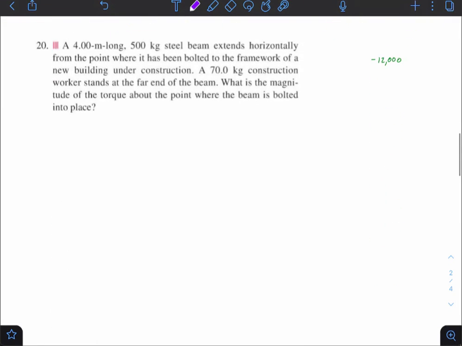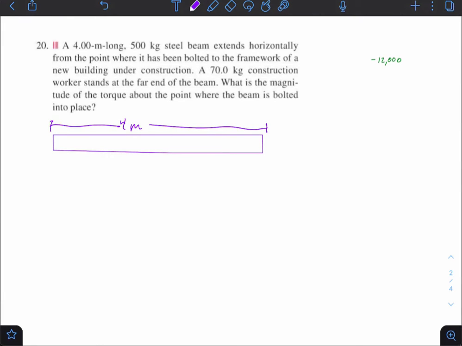20. A 4 meter long, 500 kilogram steel beam has been bolted to a new building, so I'm going to say, hey, this is our new building. It's bolted here.